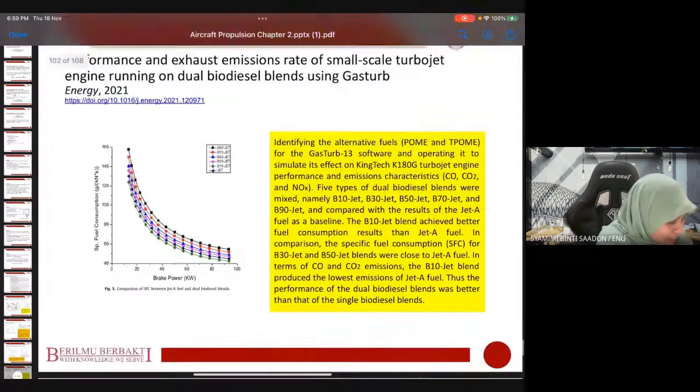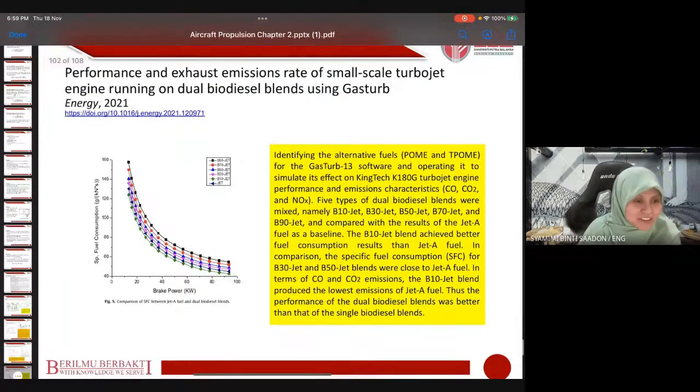And then back to this one. This idea is actually not related to the modification of the cycle, but it is related to using biofuel, dual biodiesel, to increase the overall performance of this turbojet engine.